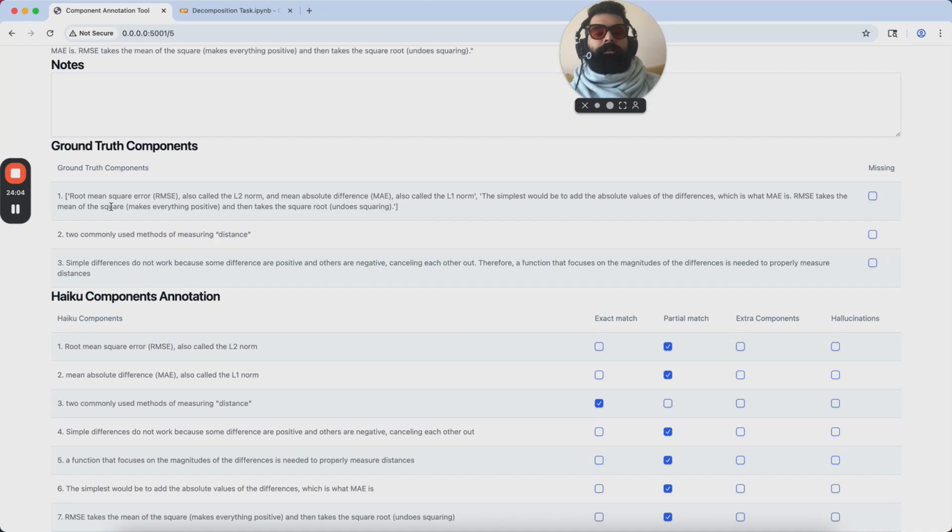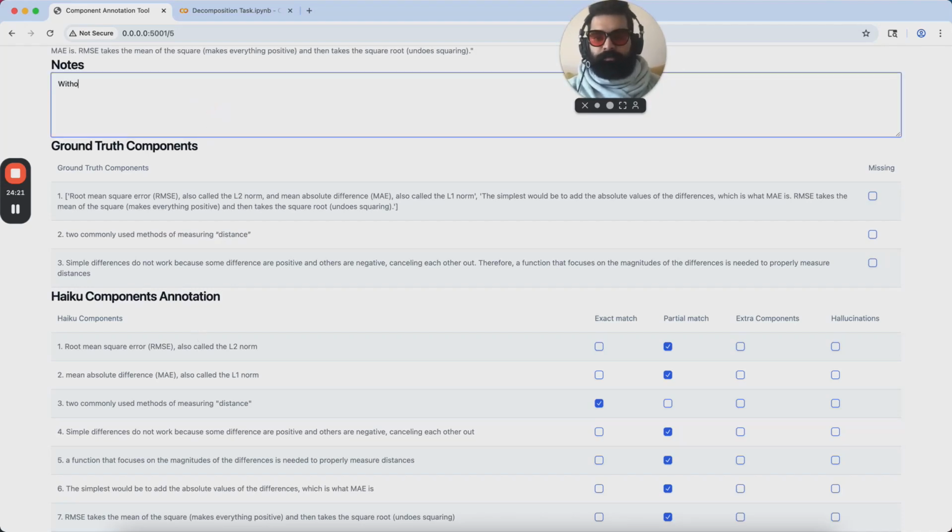But I think for now, some of this discrepancy we're seeing is that I've just put in a lot more thought than Haiku has for this first round of Haiku components. However, I think what I would say for this is, without knowing relevant passages, Haiku has done a good job of decomposing the answer into unique components.